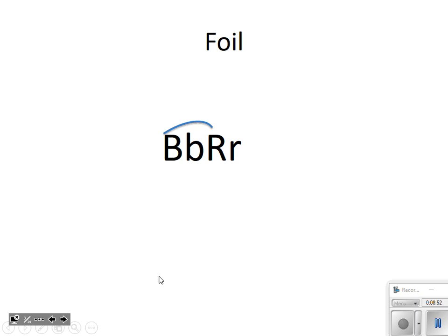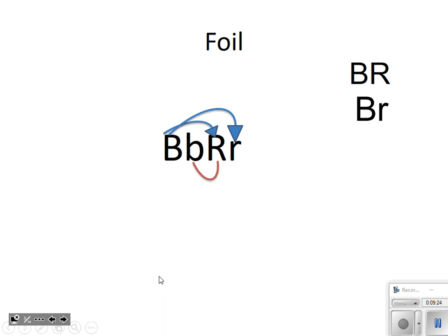So what is our first gamete? Capital R, capital B. What is O? Outside. Well, what are our outside ones? B and little r. So we have our second one being B little r. What is I?